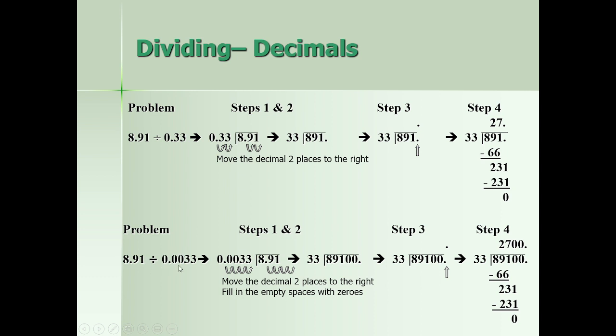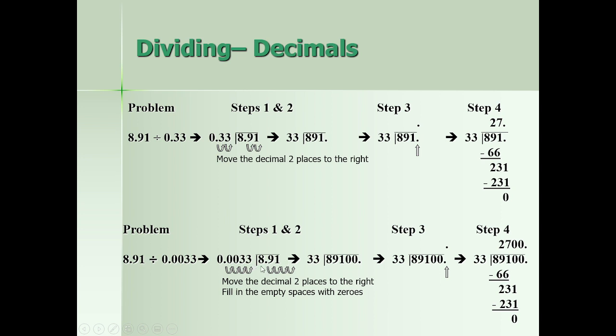Here's another look at a similar number with a little more digits to it. We have 8.91 divided by 0.0033. We are going to first put the first number within the house, 8.91. The second number goes outside of the house. Now we're going to move the decimal of the number that is outside the house, and you're going to move it as many times as it goes the farthest. So you're going to go 1, 2, 3, 4.